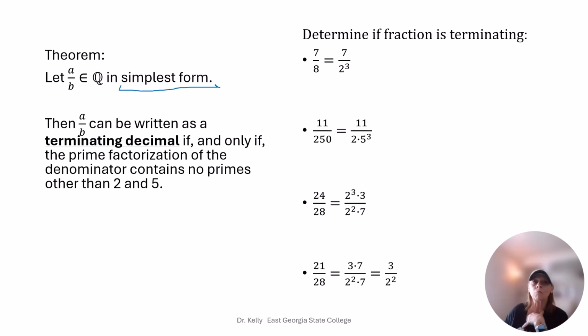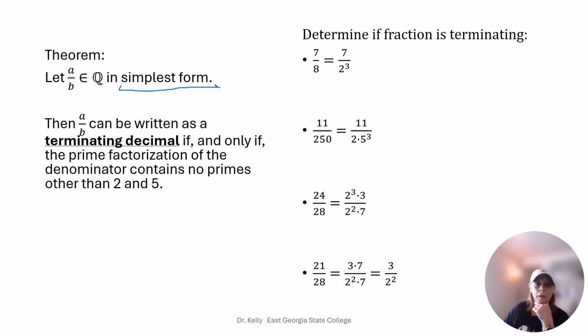Then A over B can be written as a terminating decimal if and only if the prime factorization of the denominator contains no primes other than 2 and 5, because if we have a 2 or a 5, we can introduce the 2 or 5 that we need to make a 10. If there's no way to multiply to get a 10, then there is no way that it is a terminating decimal.